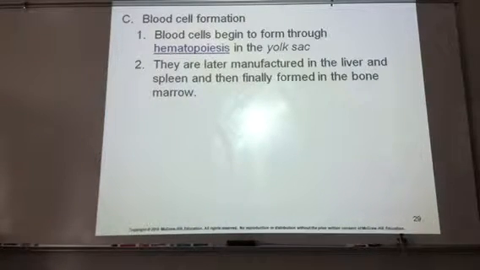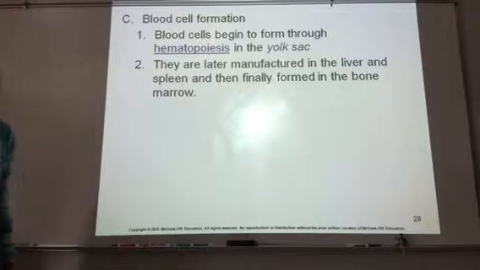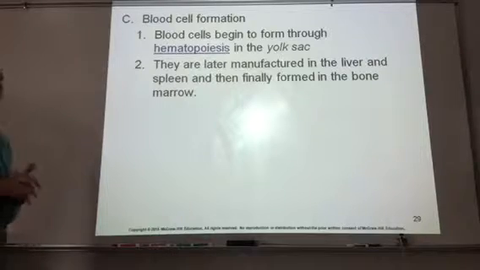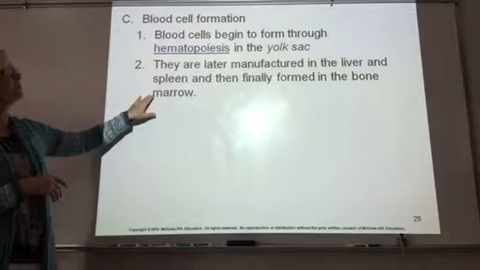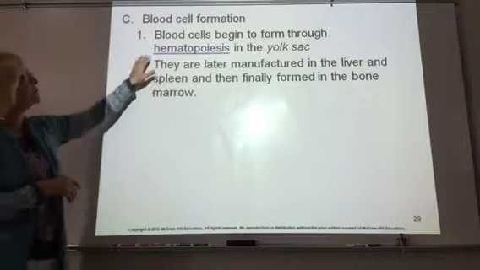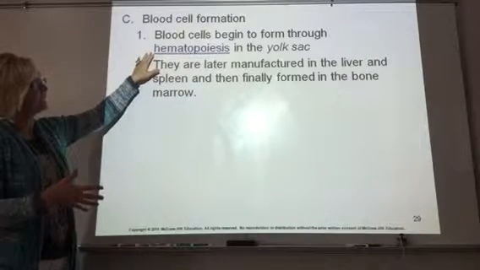Blood cell formation. The process of blood cells forming is called hematopoiesis. And that's basically just forming new blood cells. They're later manufactured in the liver, the spleen, and then they finally form in bone marrow. So hematopoiesis actually starts in a yolk sac.